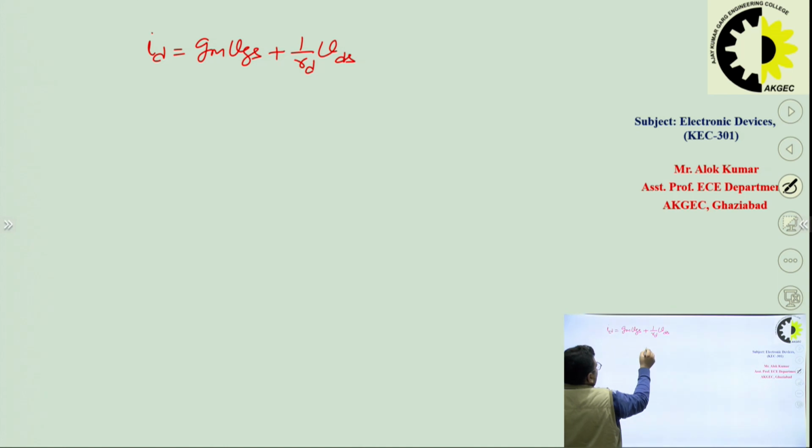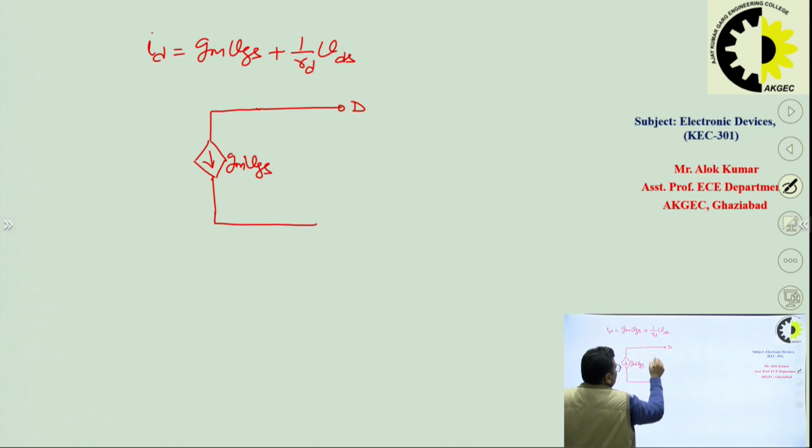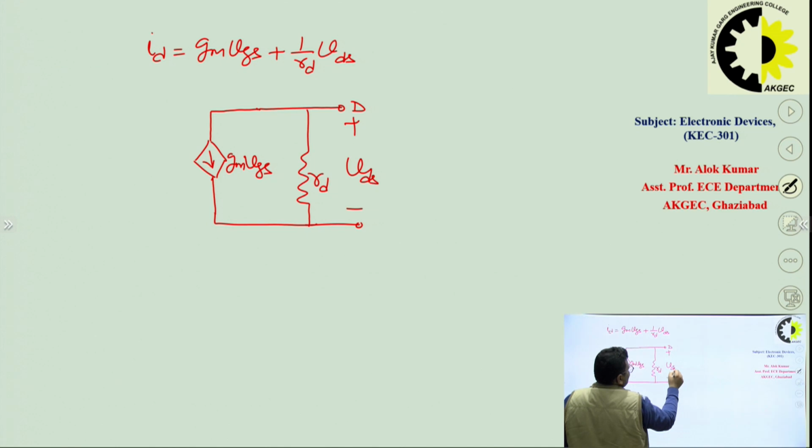Here is our drain terminal, and here I have a voltage dependent current source whose value is GM into VGS, and then I have a resistance RD, and here I have voltage VDS.